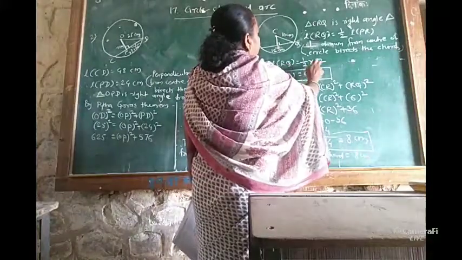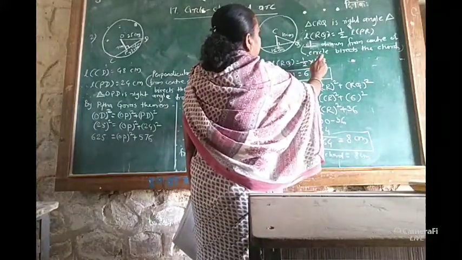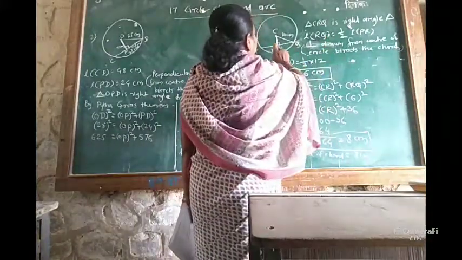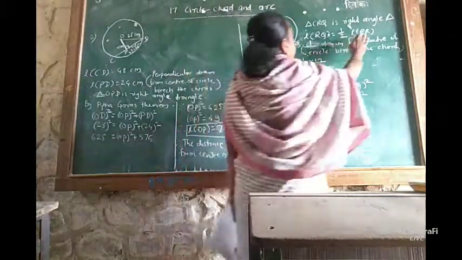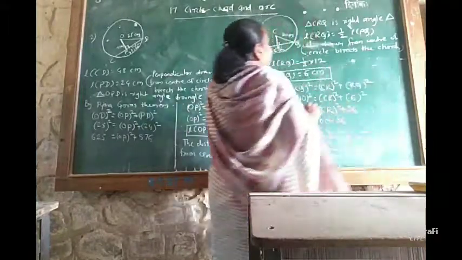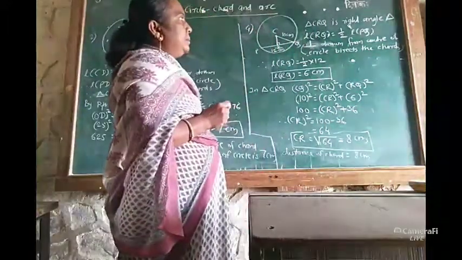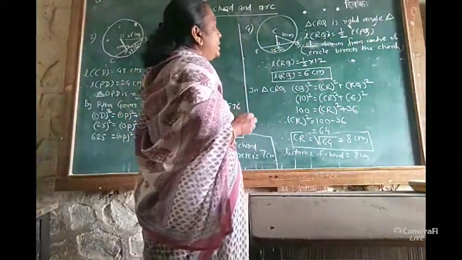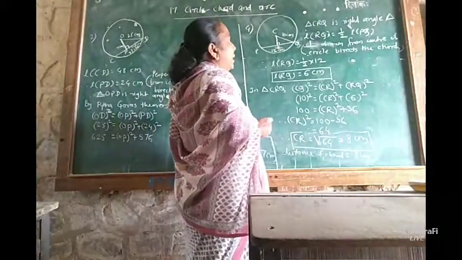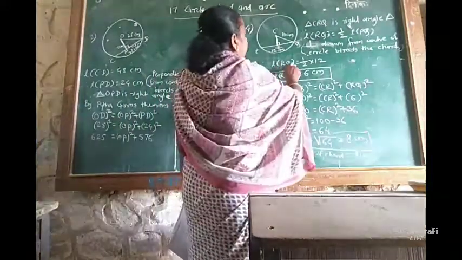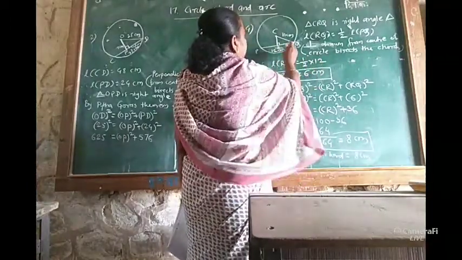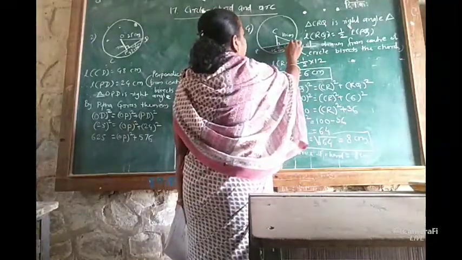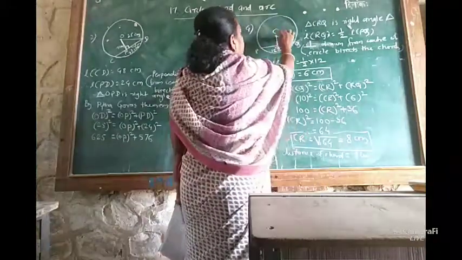The length of RQ is equal to 1/2 of PQ. Here also we have used the first property, that the perpendicular drawn from the center of the circle bisects the chord. According to this property, the length of RQ is 1/2 of 12, that is 6 centimeter. The radius is 10 centimeter.